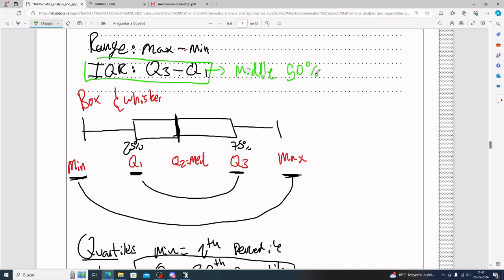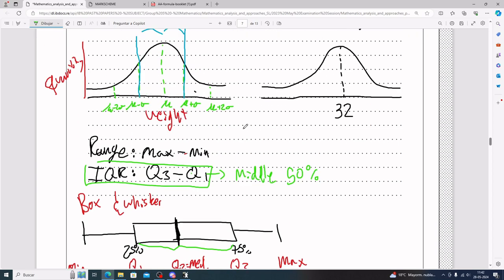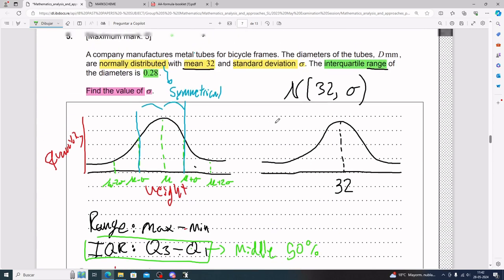That is the big idea of the IQR. It gives you the middle 50% of your data. It's the key points probably that you want to analyze. So that is why the IQR exists in the first place.